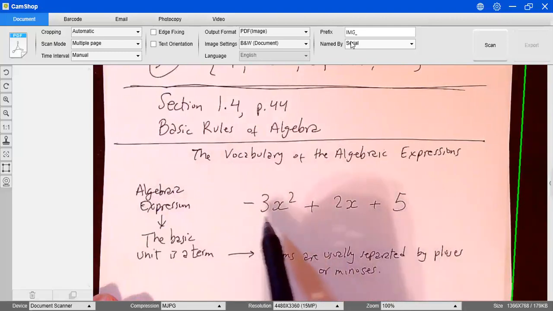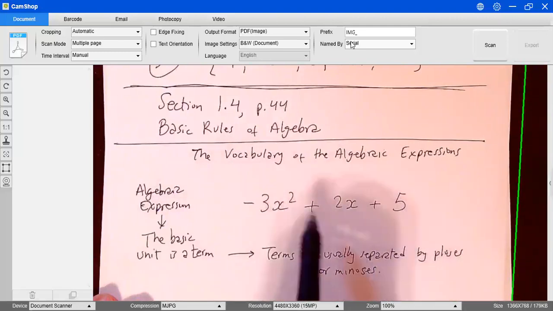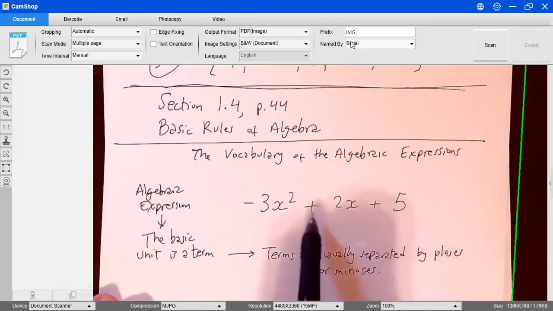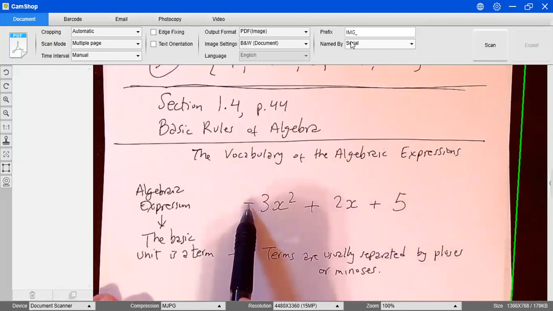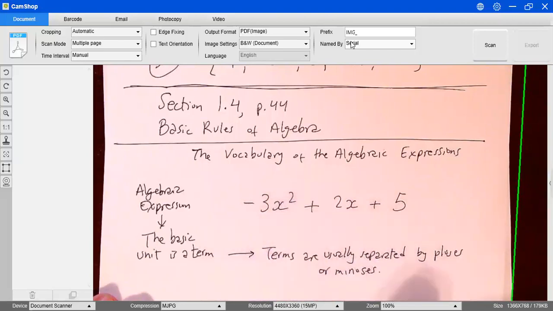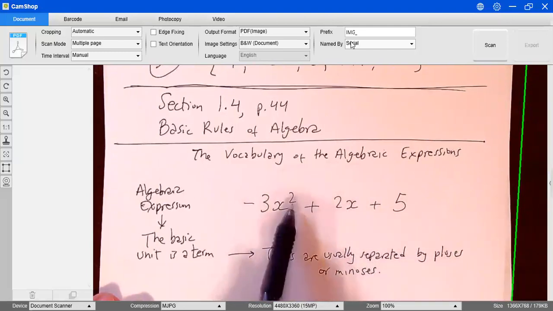This is an algebraic expression because it's, in some sense, using letters to represent numbers, and it's using numbers, and it's using operators to indicate operation, like, for example, this plus sign indicates an addition, this minus sign indicates a subtraction, this little number 2 on top of this x indicates a power. So we're going to cover in some chapters later about exponentiation.